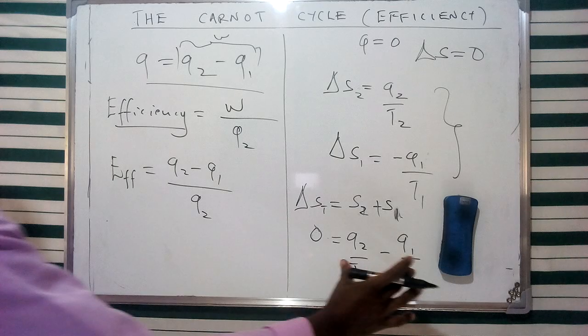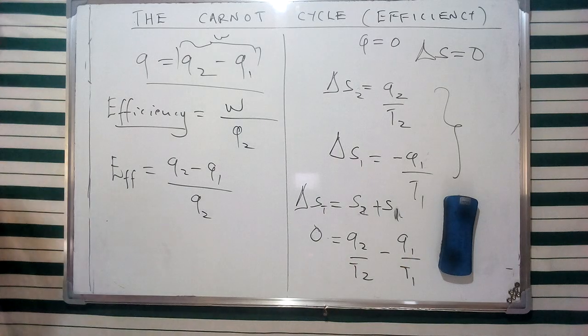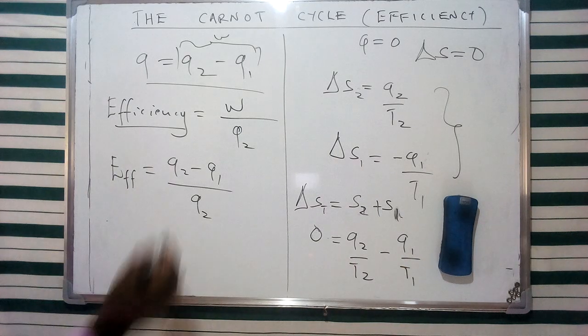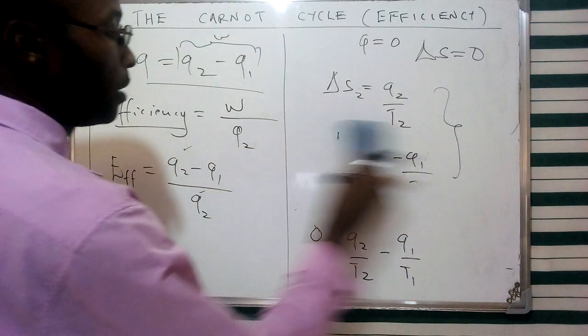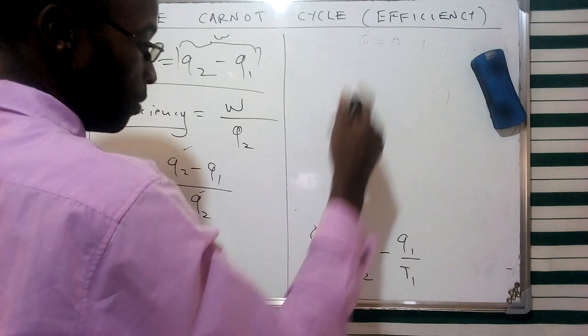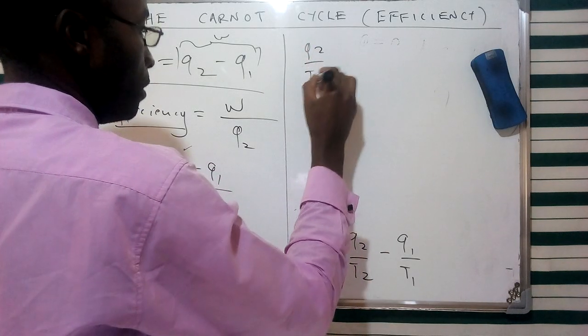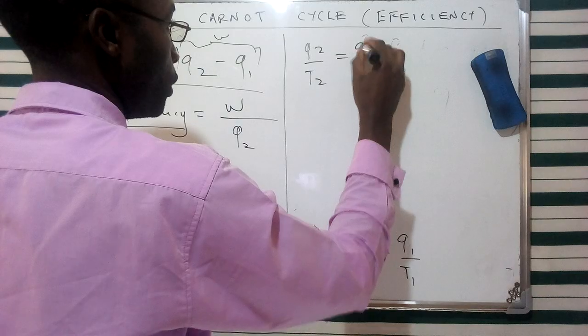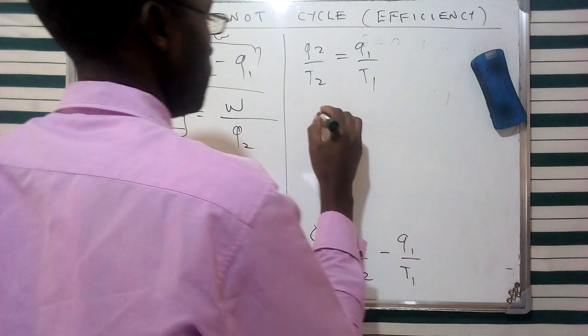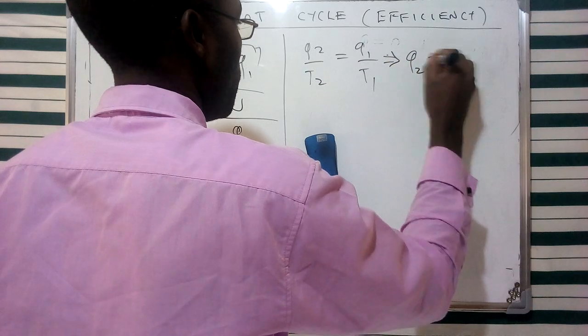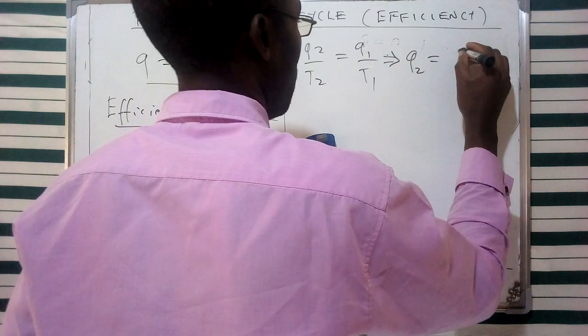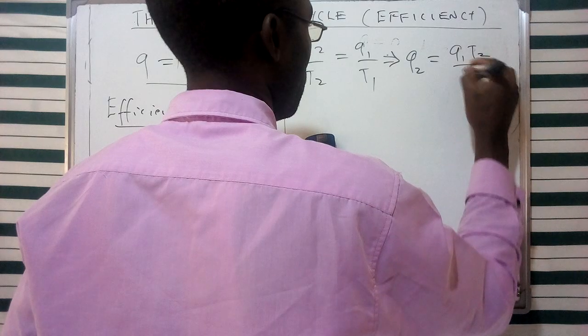Now, from this equation, we can describe Q2 in the form that appears in the efficiency equation that I've given. So having said that, we're going to have Q2 over T2 equivalent to Q1 over T1, implying that Q2 is equivalent to Q1 T2 over T1.